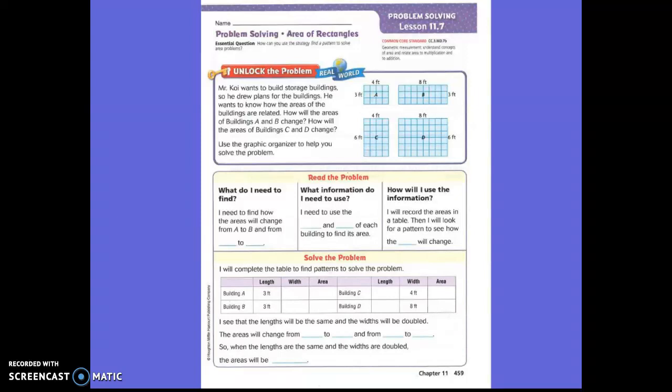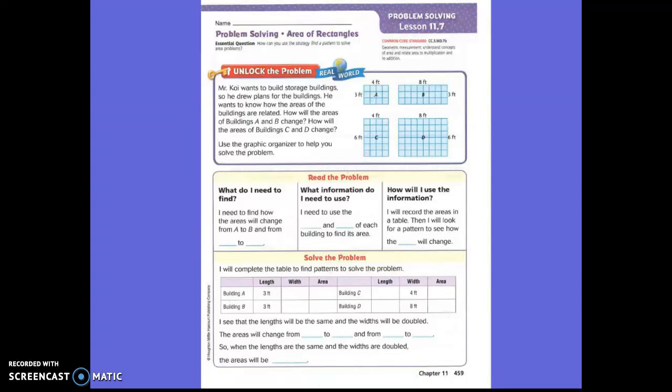He wants to know how the areas of the buildings are related. How will the areas of building A and B change? How will the areas of building C and D change? Use the graphic organizer to help you solve the problem.